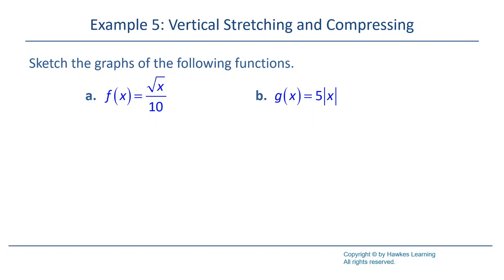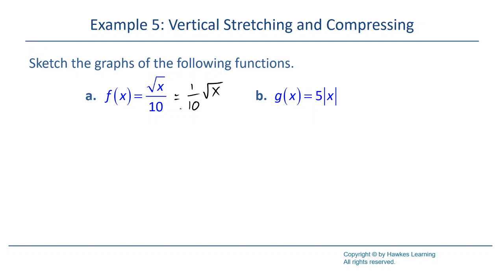So then if we look at these, sometimes you might see it written like this to kind of just make sure you're paying attention to it. This is 1/10 times the square root of x.